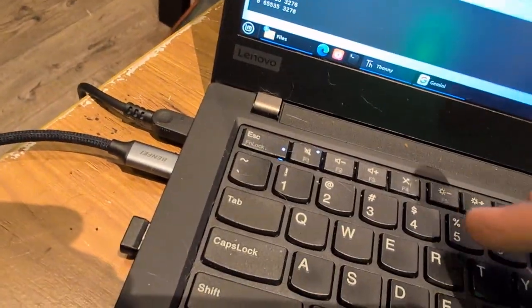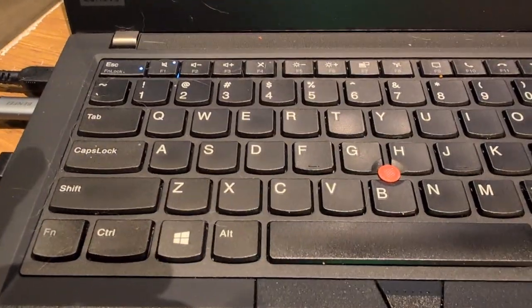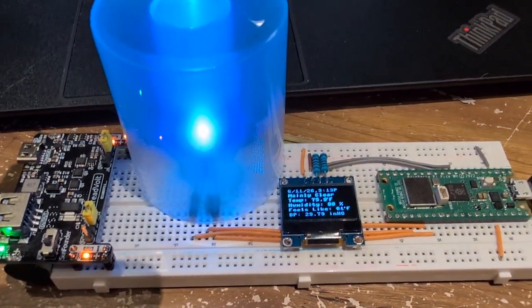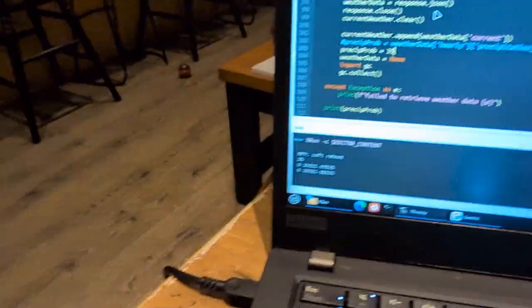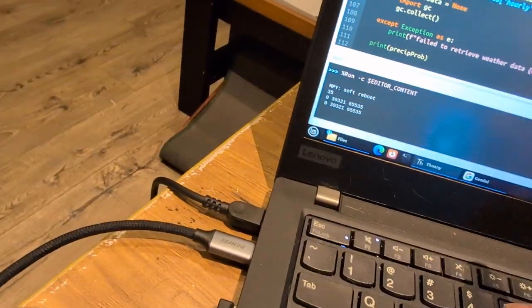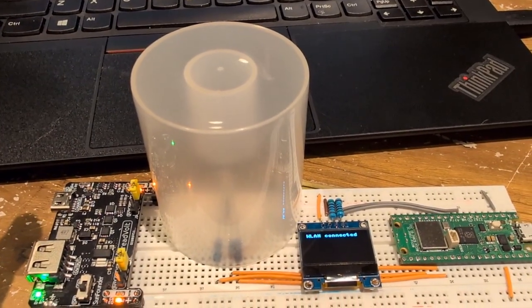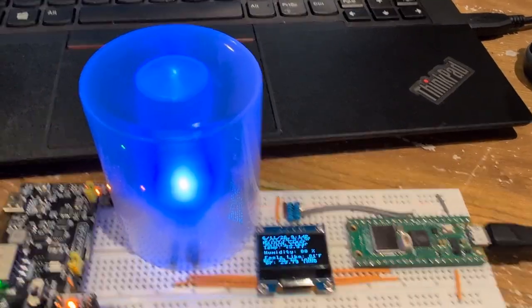So if I enter like 35 here and push go, you can see it's restarting, and we get more of a bluish green. If I enter, say, 50 and push go, we get a darker blue, closer to purple.